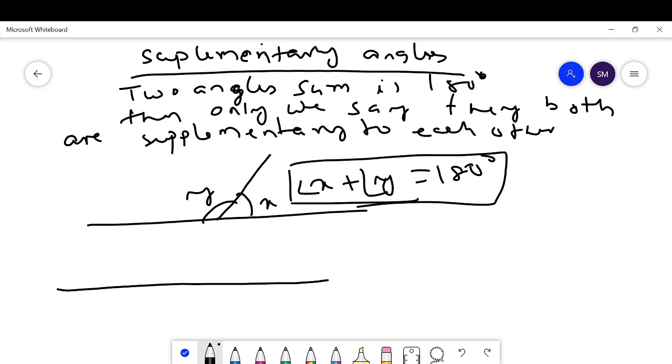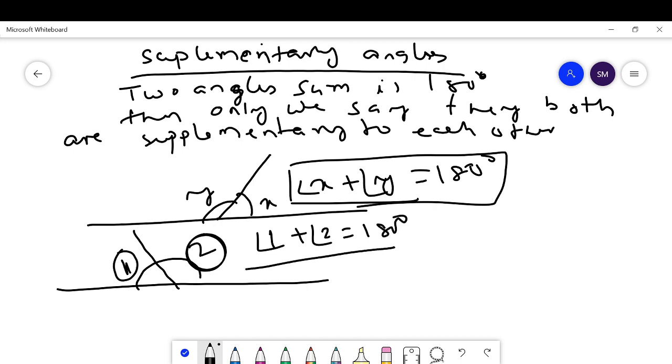Suppose this is a straight line and this is a ray. Then these two angles, angle 1 and angle 2, are a linear pair, and the measure of angle 1 plus angle 2 is 180 degree. Hence they are also supplementary to each other. Linear pairs are always supplementary to each other.